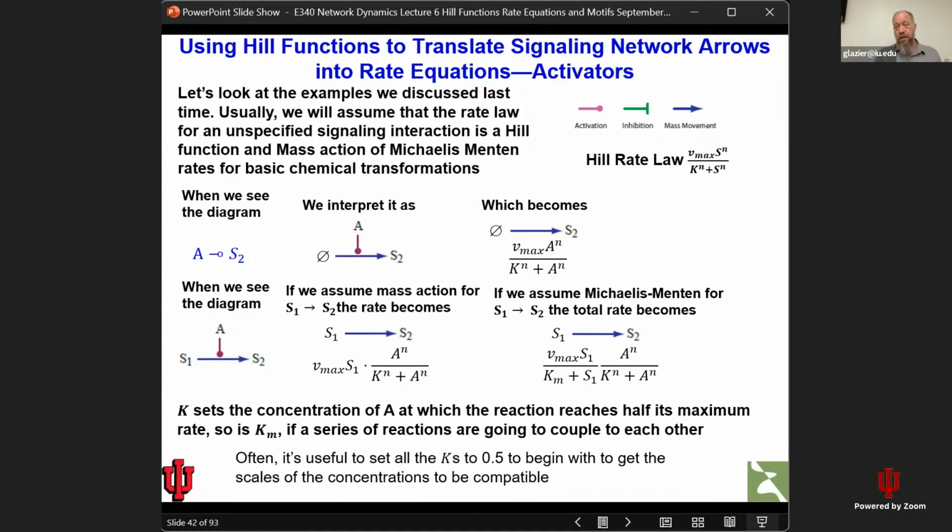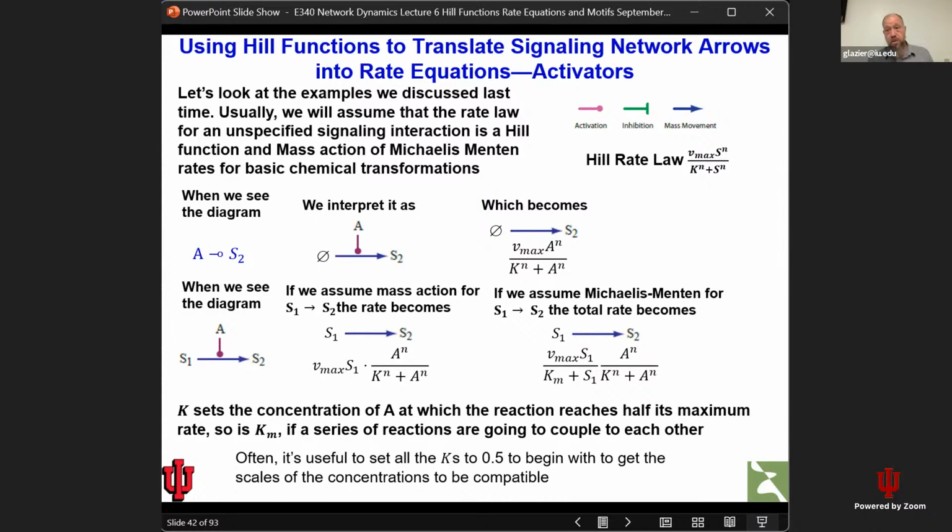And when we see that, our default assumption is going to be that the rate of production of S2 will be a Hill function of the amount of activator. And you could say, why is that? Well, there are a couple of things we know. If we have an infinite amount of A, we still can't have an infinite production of S2.